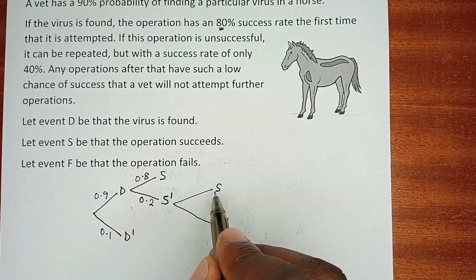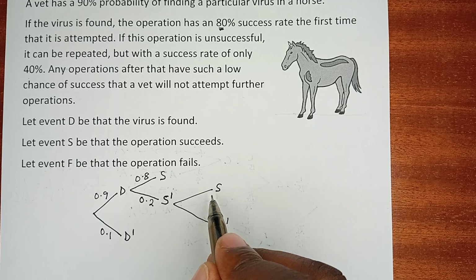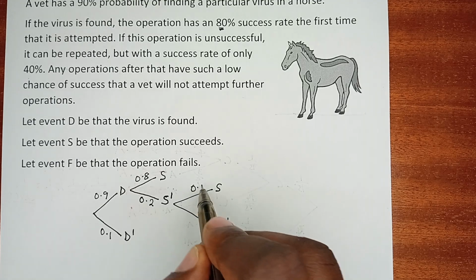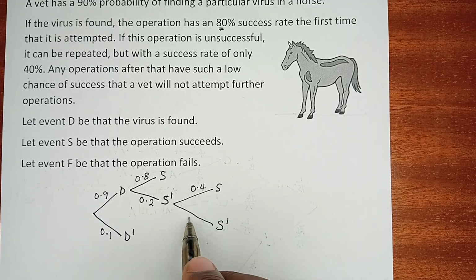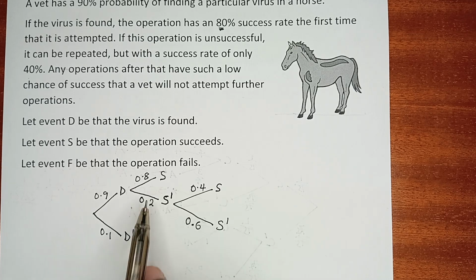So the probability of succeeding the second time is 0.4. The probability of not succeeding is now bigger, 0.6. And we are told there is no need of operating the horse beyond the second operation, because the success rate is very, very slim.